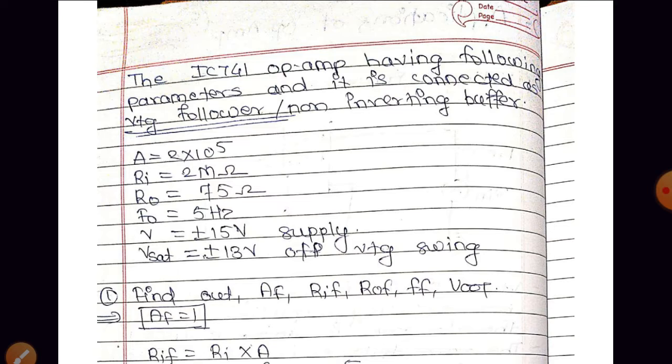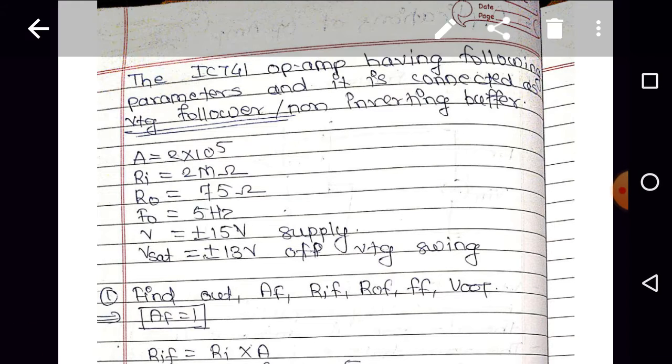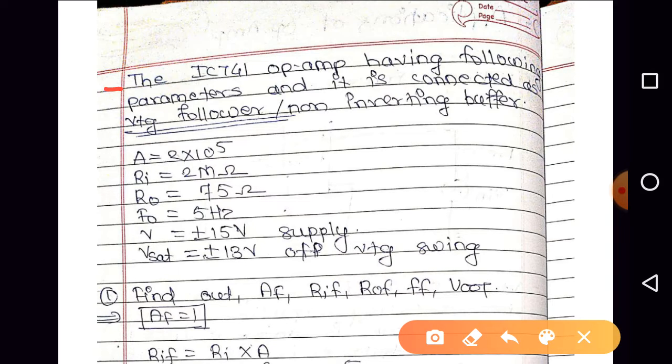Now see the numerical problem based on the voltage follower or non-inverting buffer. The IC741 op-amp having the following parameters, and it is connected as voltage follower or non-inverting buffer.